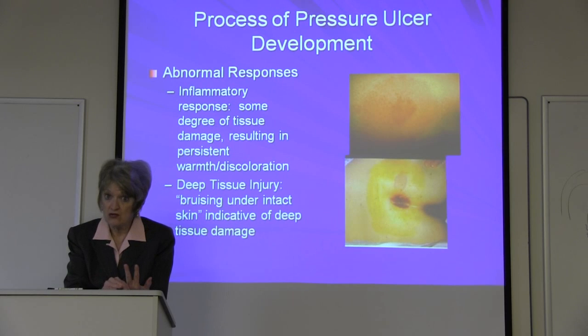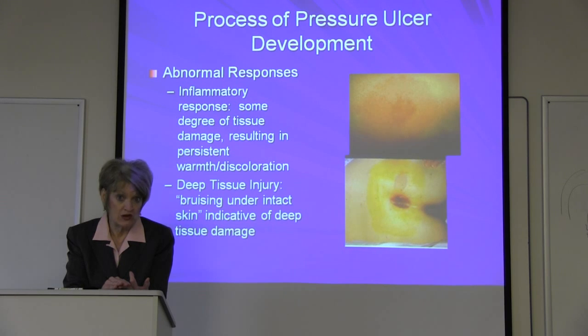So prolonged erythema, non-blanchable erythema, both indicative of some degree of underlying tissue damage, a pathologic response, a warning. It tells you something's happened in the underlying tissue. Right now, it's not terrible. It's microscopic. We think we can get it healed if you keep all the pressure off, if you avoid any shear force.